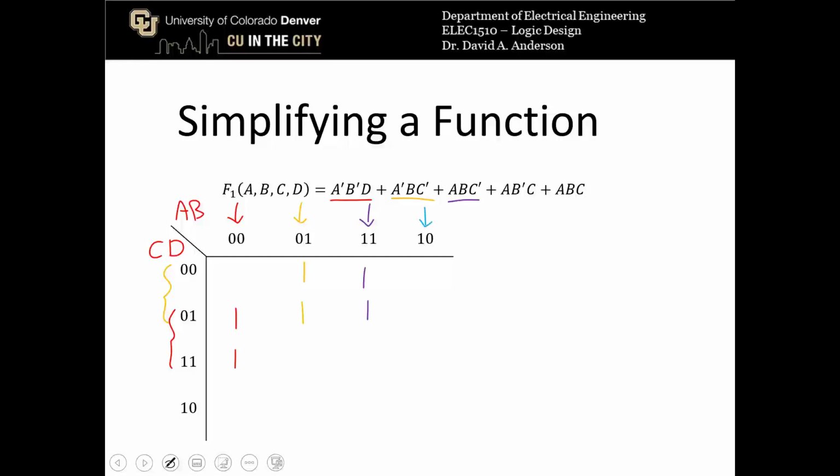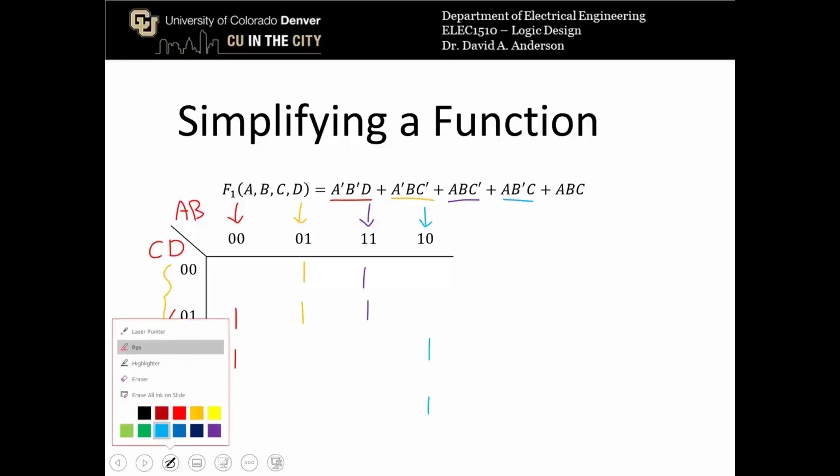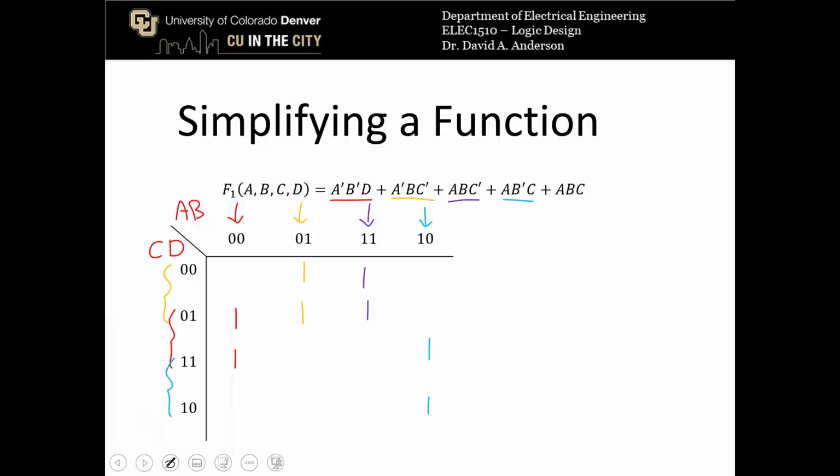I'm just moving along the columns essentially right now, and where c is a 1, so that's going to be here. And the very last term in this expression is a, b, c. That's where a and b are both 1, that's here, and c is a 1, so that is right here.